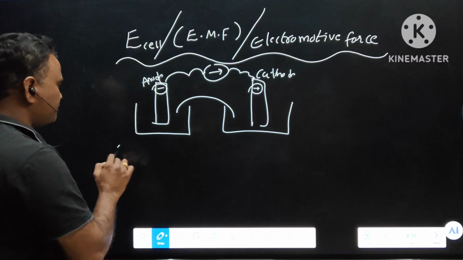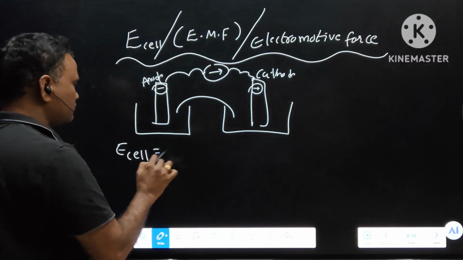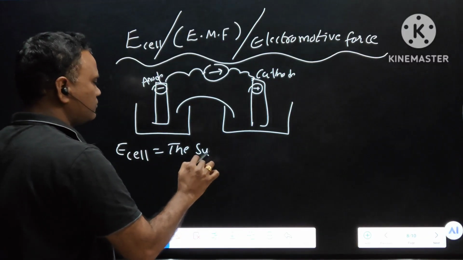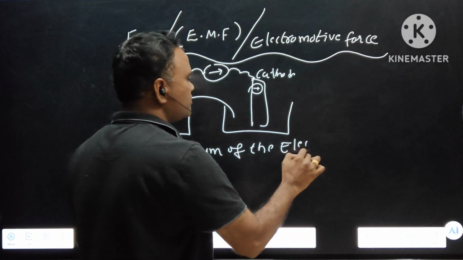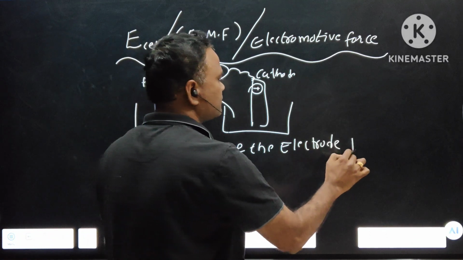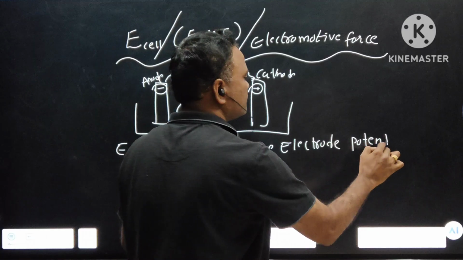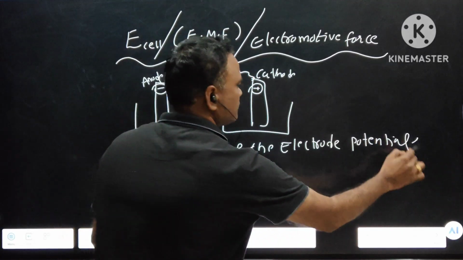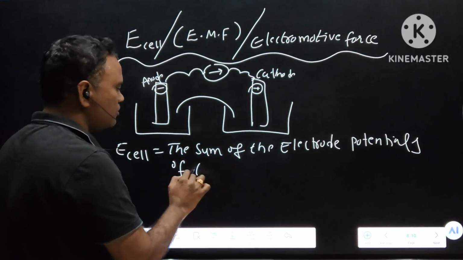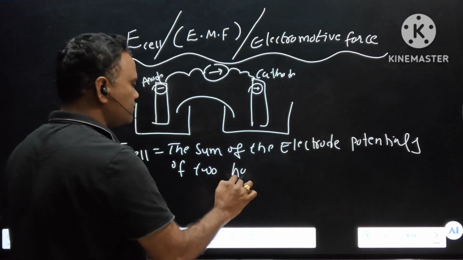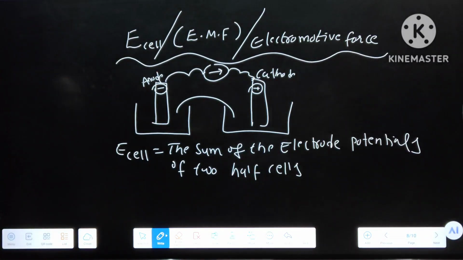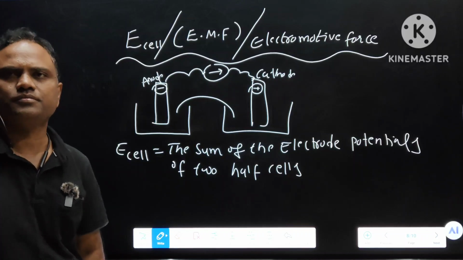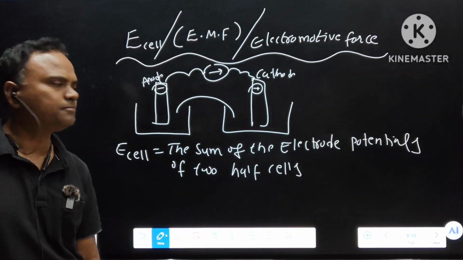See the definition. The sum of the electrode potentials of two half cells is called E cell or EMF.